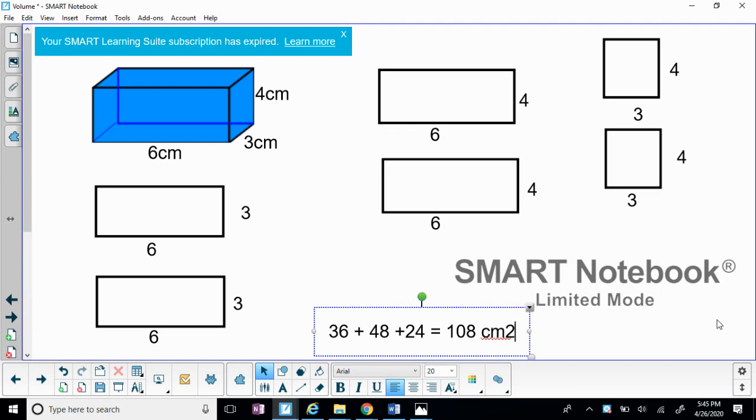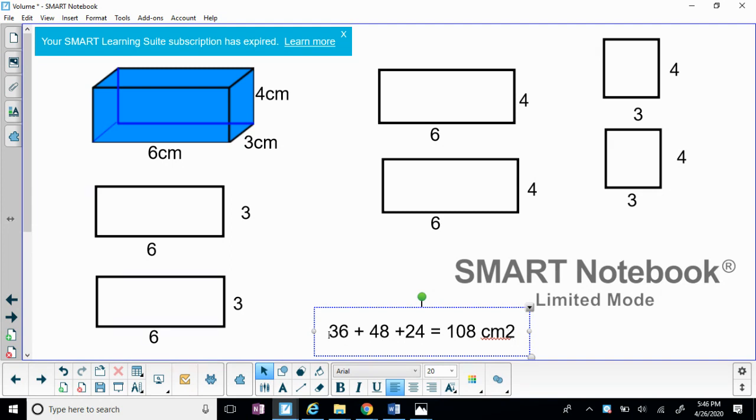And the reason it's squared is because all of these are area measurements, using 2 measurements. So it's not the number of faces, it's 2 measurements. So we're adding up the area of all these faces to get our surface area answer, okay?